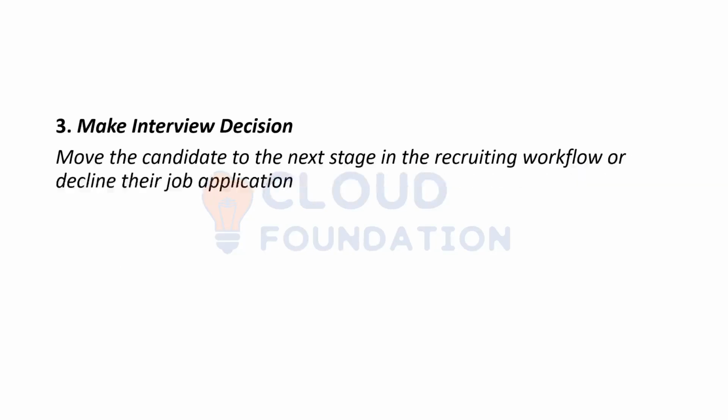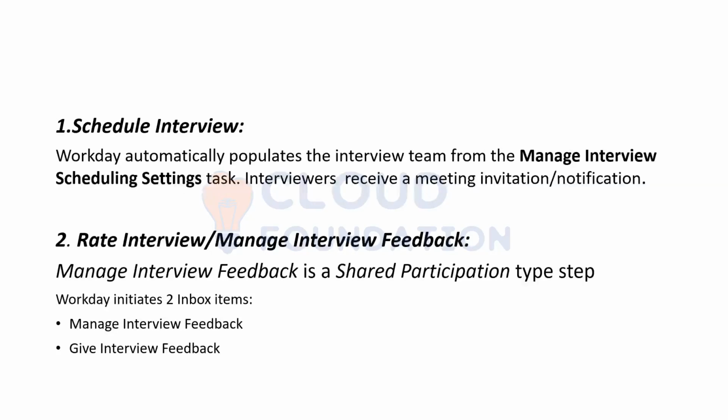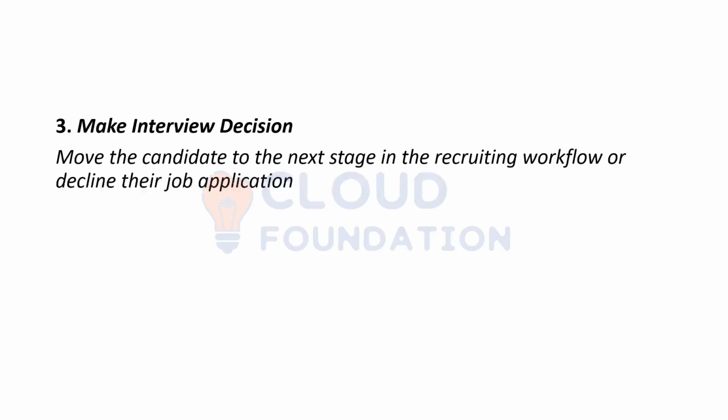But Shilpa, how can a recruiter give the feedback? It's only the interviewer who gives the feedback, right? The recruiter will get the feedback and the interviewer will give it. And once he gets the feedback, he has to manage it also. So then who will make a decision, Shilpa? You said manager makes a decision, right?